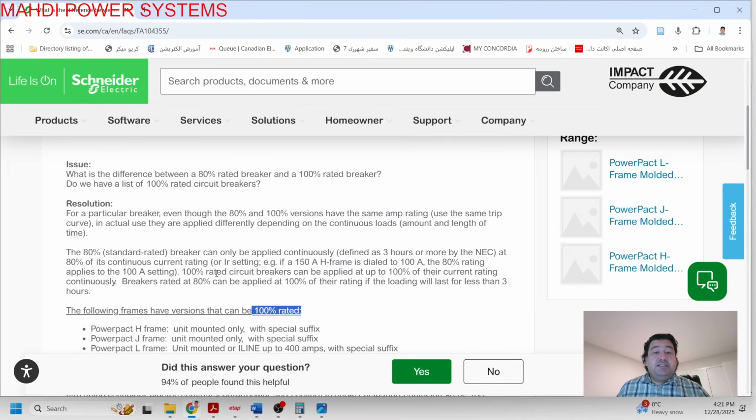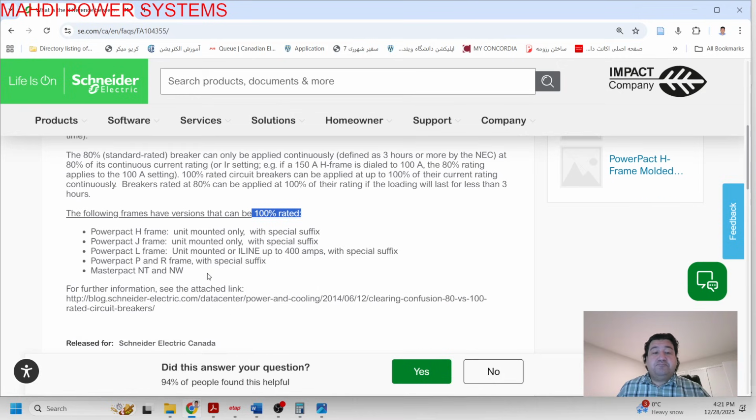If it's a 100% rated circuit breaker, you can apply up to 100% of the current rating continuously. Here are some examples of 100% rated breakers, just for Schneider: PowerPact H frame with a special suffix, PowerPact J frame, L frame, and so on.